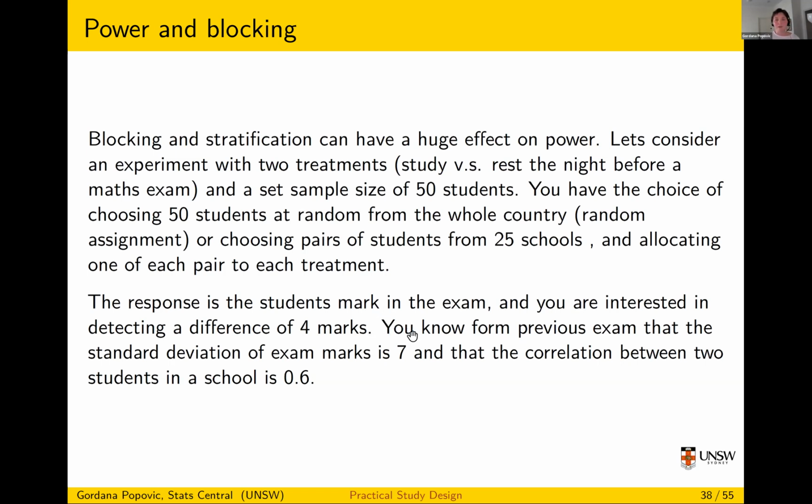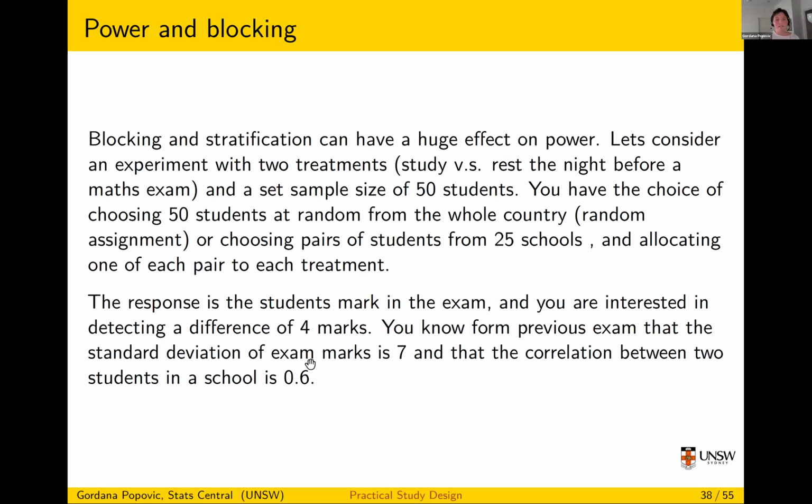And people have taken this exam many times. So you've had a look in the literature, and you know that the standard deviation of exam marks is about 7 for this kind of exam. And you know that the correlation between students within a school for exams is about 0.6. You have this information because, from NAPLAN or something, you have an estimate of the correlation between students.